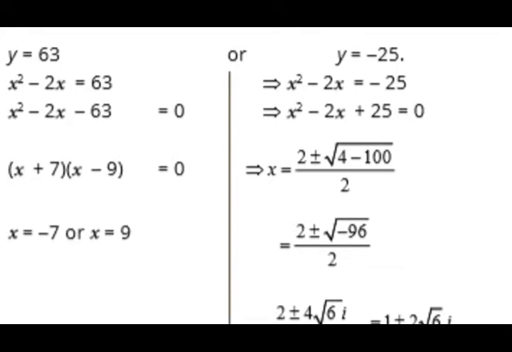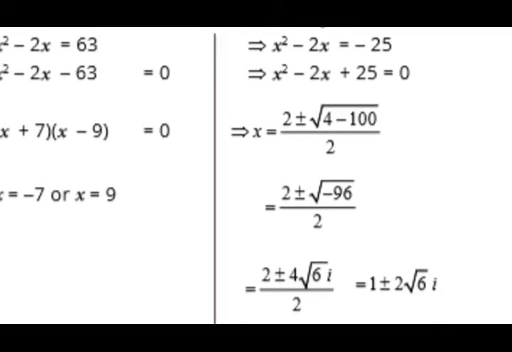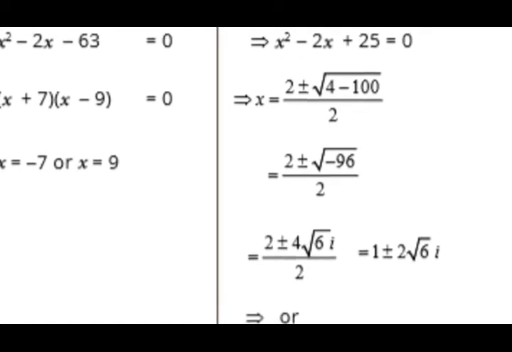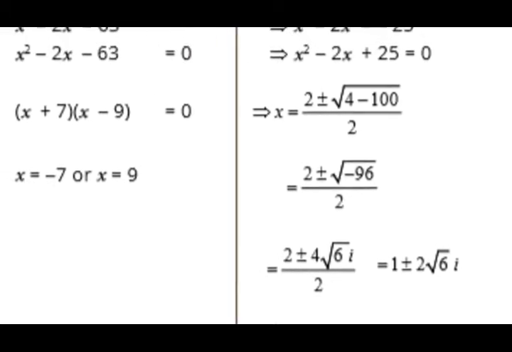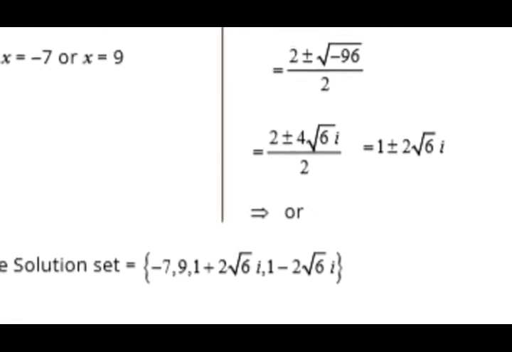And in this form we have no factor, and then apply the quadratic formula. If there is a negative sign in a square root, it is equal to iota.